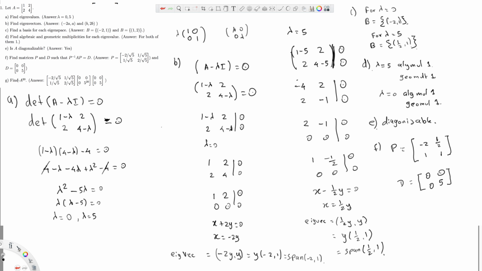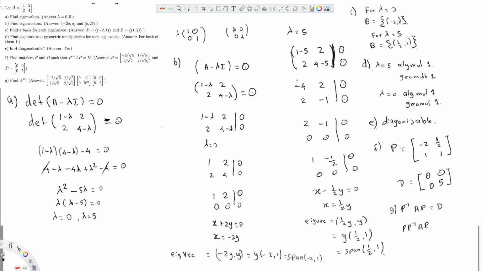Then they are asking to find A to the 20. So let's see how we can do this. We grab this equation, P inverse AP is equal to D. Since they are asking for A to the 20, we have to get rid of the P's. To get rid of this one, I have to multiply by P from the left side.